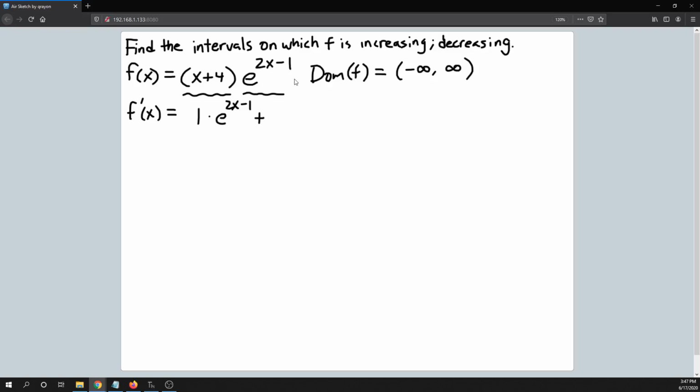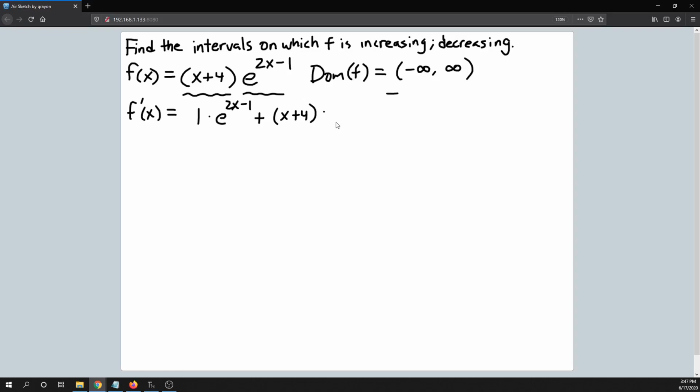And then in the next go round, the function that we took the derivative of the first time, which is x + 4, leave it alone, and then multiply by the derivative of the function that we left alone the first time. Well, that is a chain rule problem, e to the 2x - 1, finding its derivative, right?